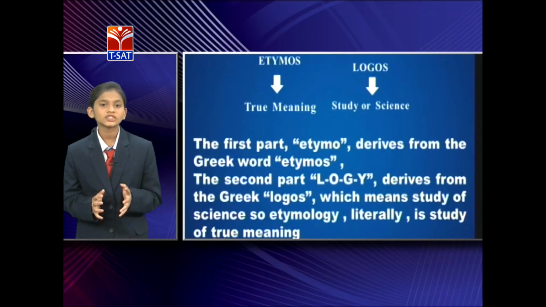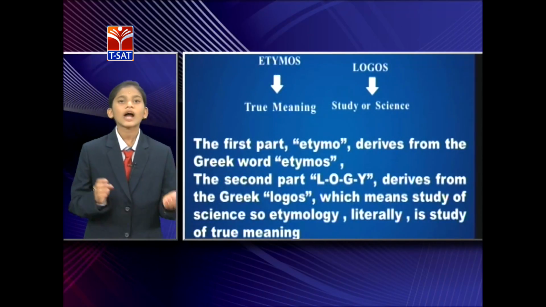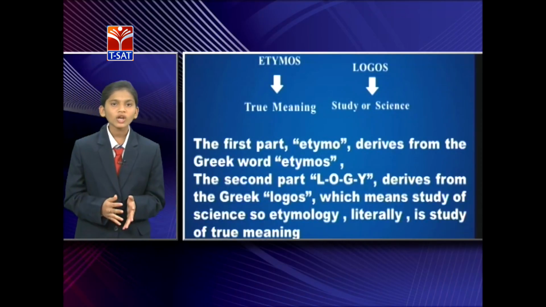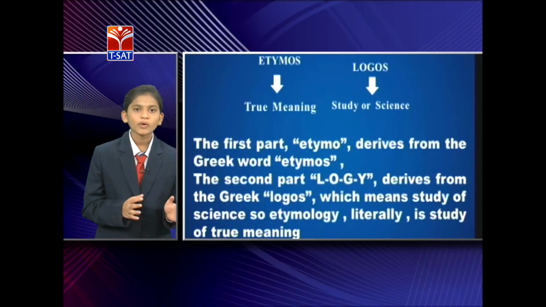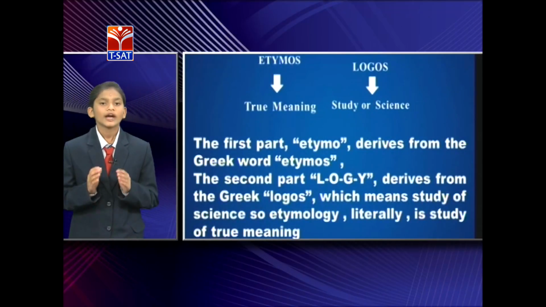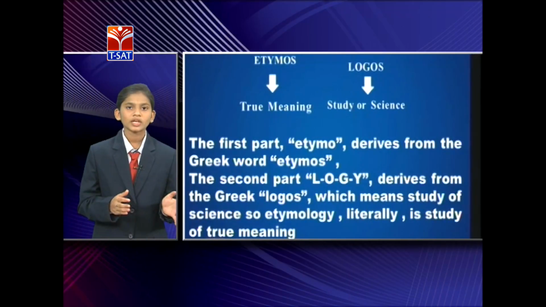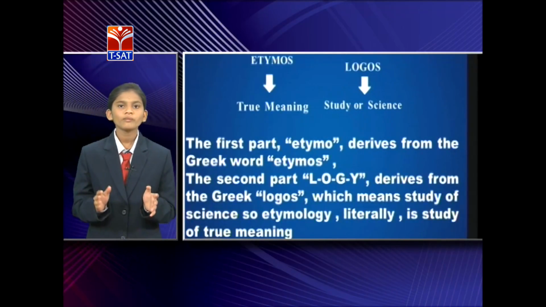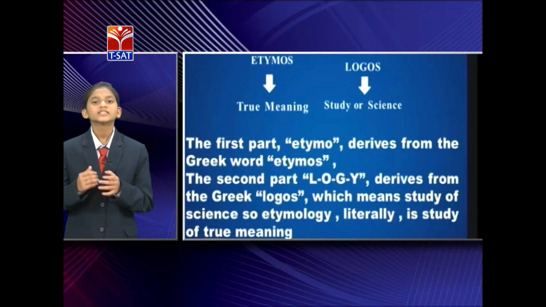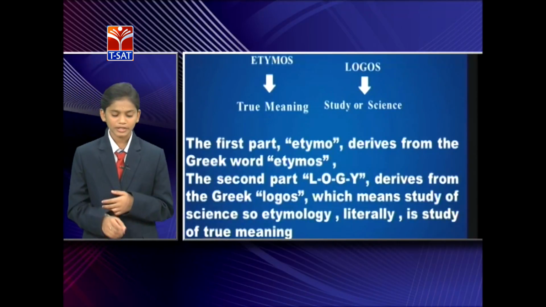Now let's see these words, etymos and logos. Etymology derives from two parts, etymos and logos. Etymos means true meaning, logos means study or science. So etymology means study of true meaning.